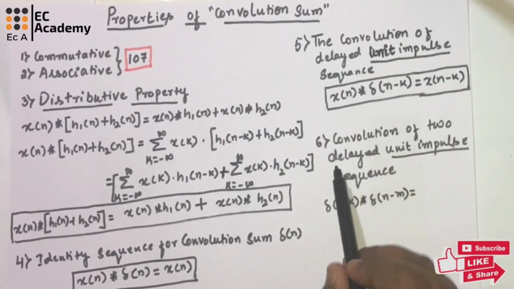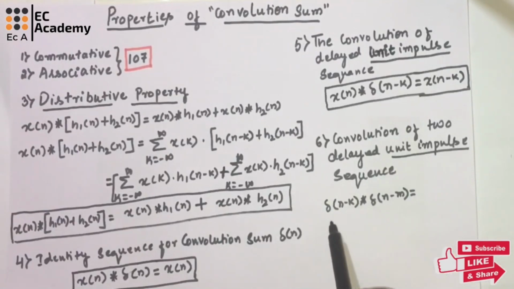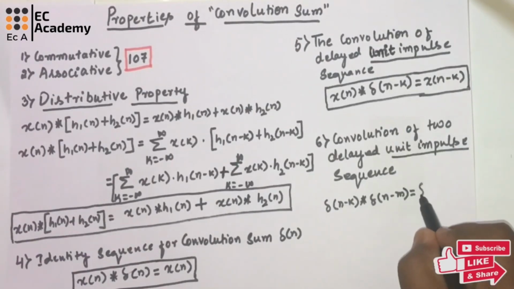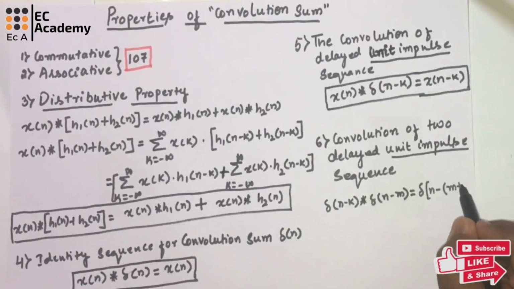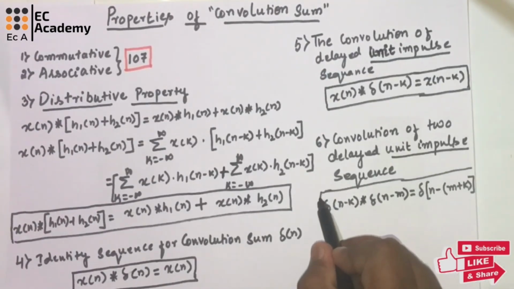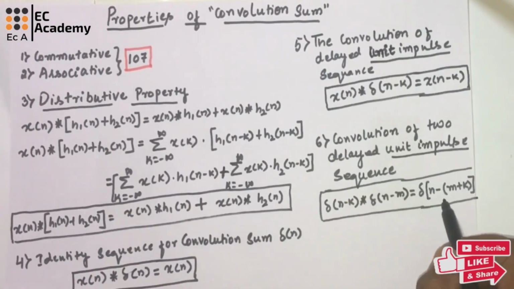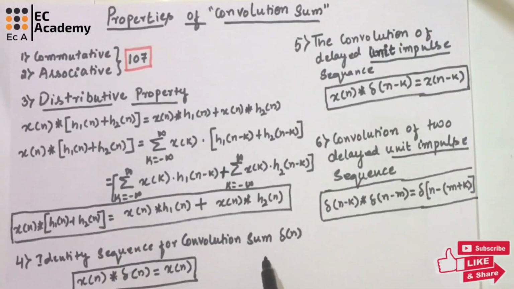The next property is the convolution of two delayed unit impulse sequence delta of n minus k convoluted with delta of n minus m can be written as delta of n minus m plus k. So this is one of the important property. So if you are taking two delayed unit impulse sequence, at that case you will get delta of n minus m plus k. So this is about the properties of convolution sum.